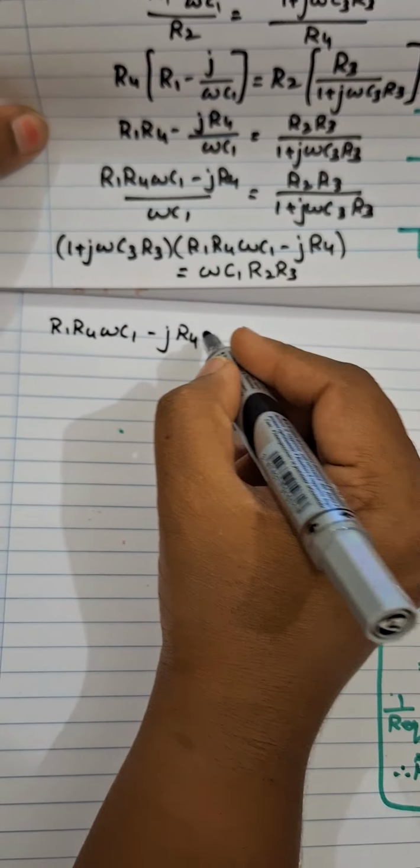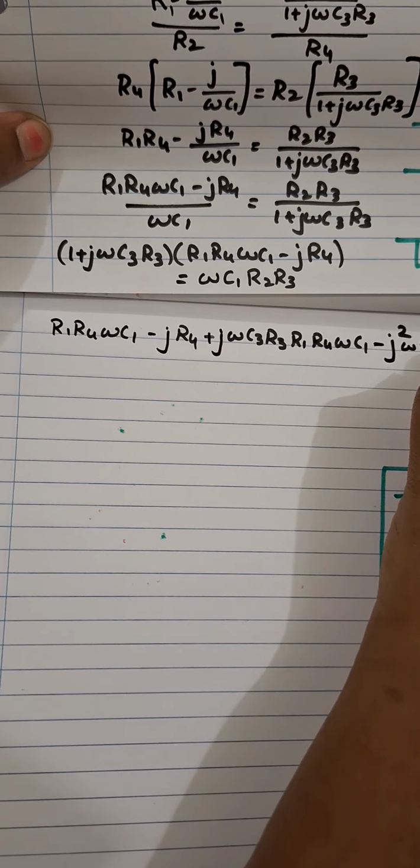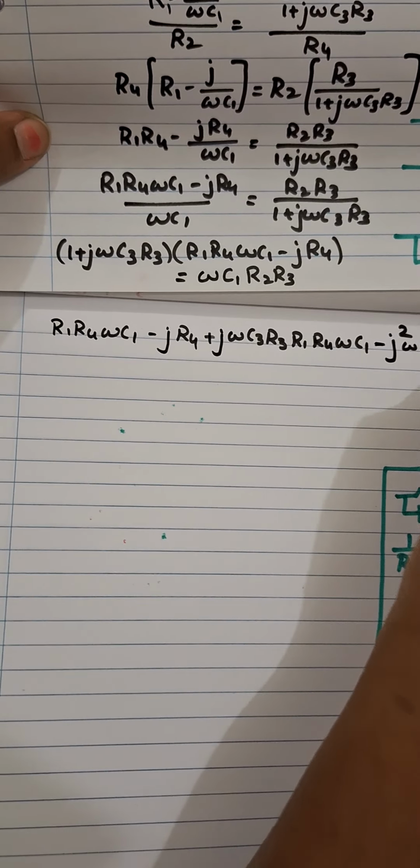So it will become j omega C3 R3 R1 R4 omega C1. Perfect. Then this one with this. Plus into minus, minus j into j square. Remaining is omega C3 R3 R4, which is equals to omega C1 R2 R3.